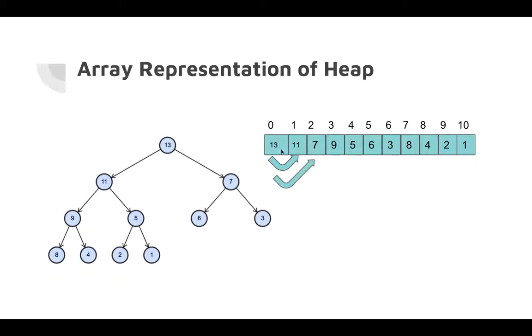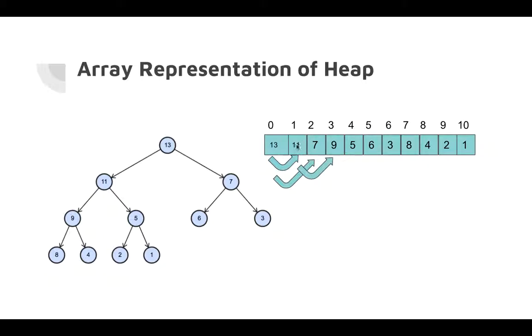So we can see that the parents and children of each node can be found out by some type of relation in this array. If you closely observe, you can see that if a root node is at index 0, the left child will be at index 1 and the right child will be at index 2.